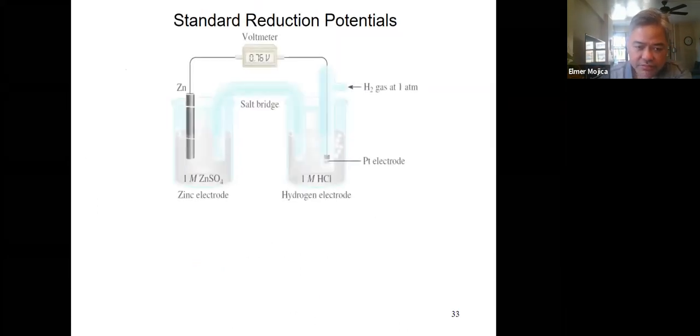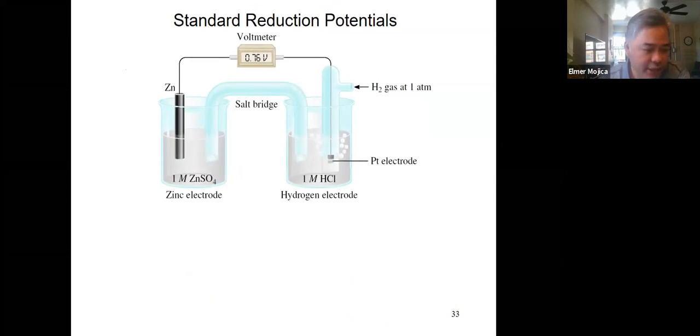Okay, so we have encountered the so-called reduction potential from our previous meeting, and a reduction potential table just shows the potential of a given reduction reaction.